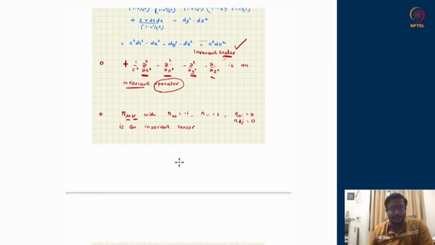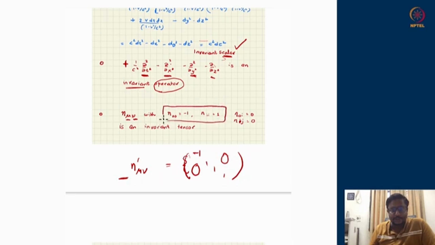So this is one of the special two-index objects which does not change. So eta primed mu nu is also the same set, that it is -1 1 1 1 and all other entries are 0. This happens only for this special rank two object. Any other rank two object might not do this. So this is a special invariant tensor.